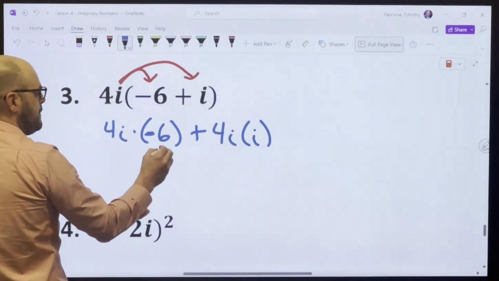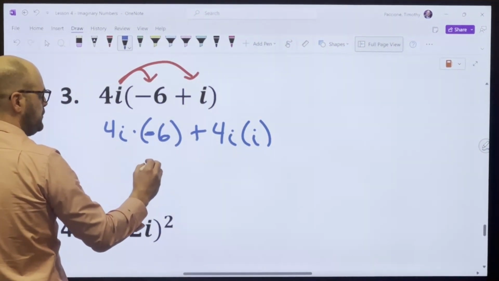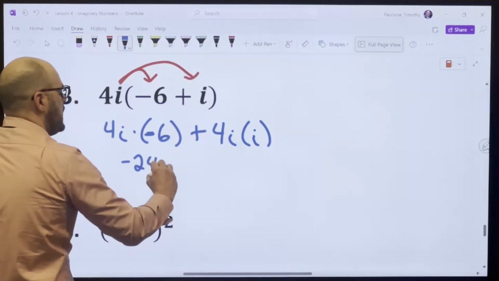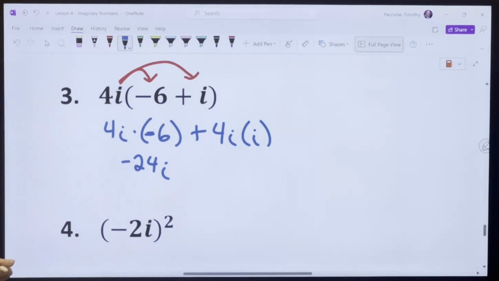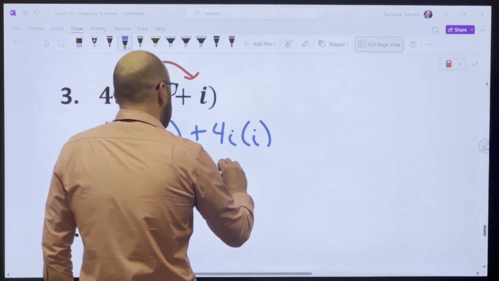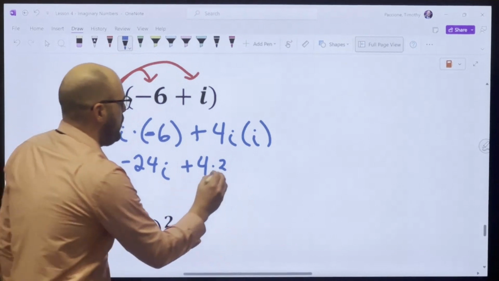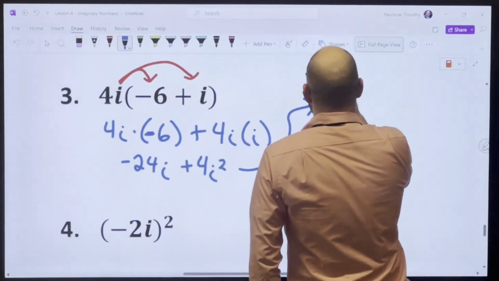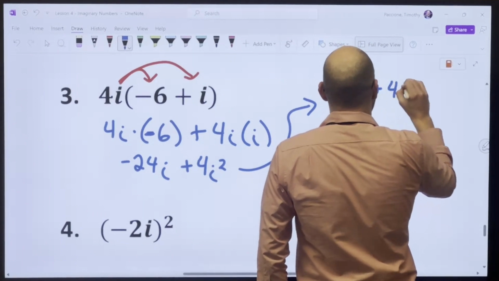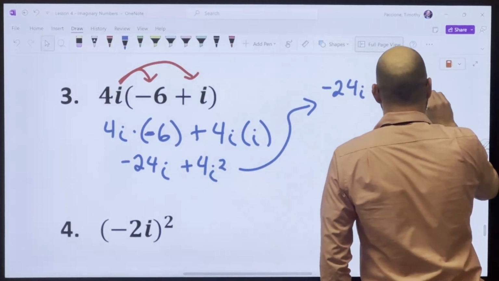So 4i times -6, that's what? -24i, right? And then 4i times i, 4i squared. But we know that that's actually -24i plus 4 times what? -1.